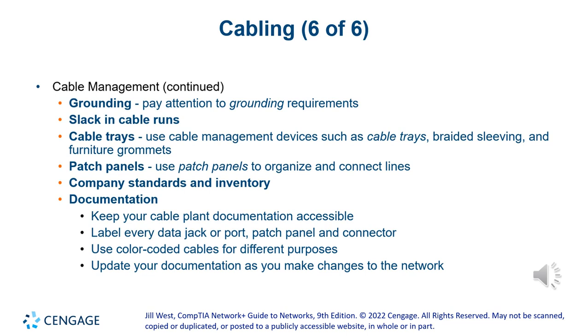If you have too many cables tied together, it's good to use what's called a cable tray. A cable tray is just like a gutter where you can put all your cables. It also helps to organize the cables, which is your structured cabling.